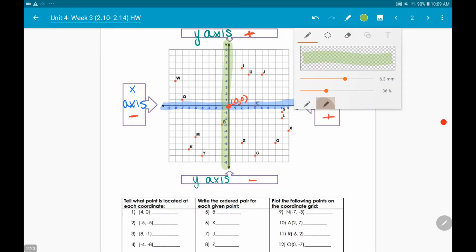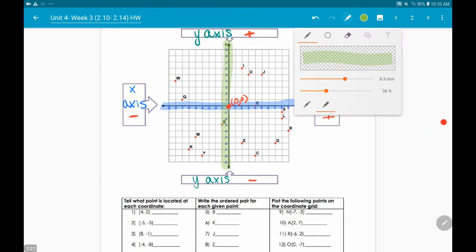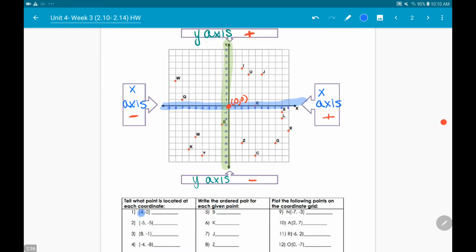All right. So we want to talk about the following coordinate: (4, 0). Again, we always want our x to be first, and then our y. When I'm talking about my x values, those are all my first numbers, so I'm going to highlight all of my x's, and then do the same thing for my y's, so that way we're nice and color coordinated.